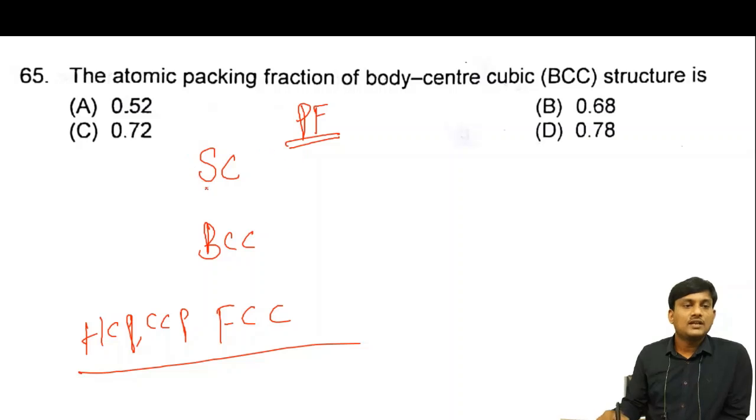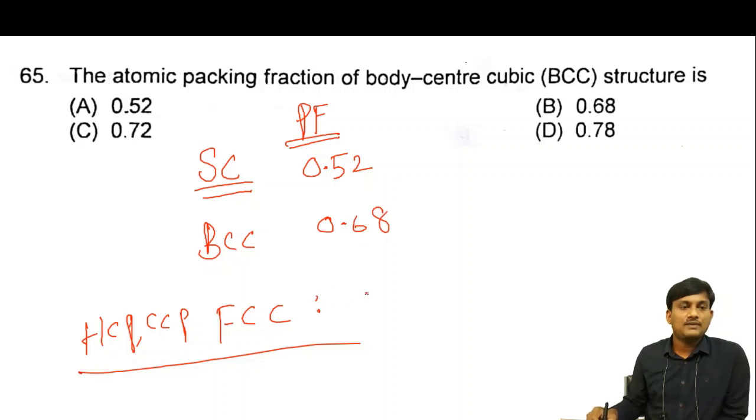If you take a simple cubic, the packing fraction is very less. It is 0.52. Nearly half of the unit cell is occupied by the atoms. If you take BCC, it will be 0.68, FCC 0.72.